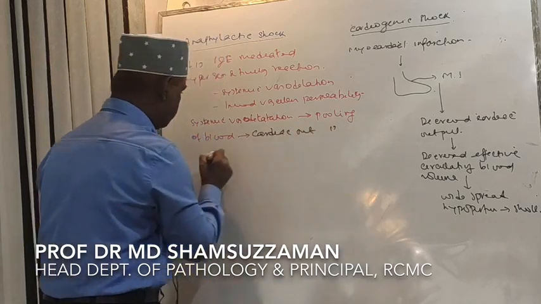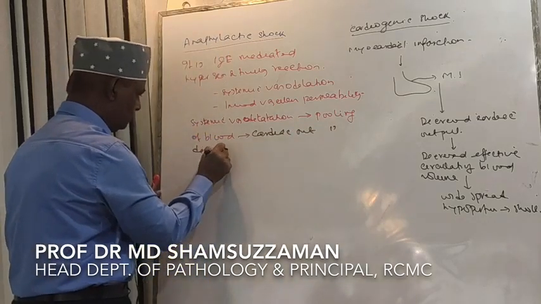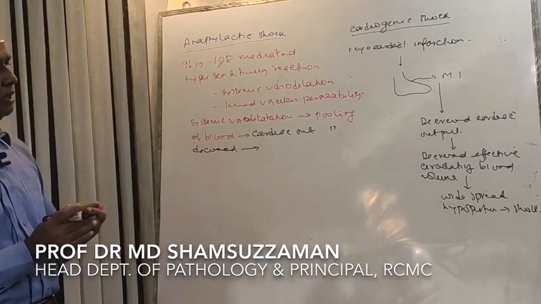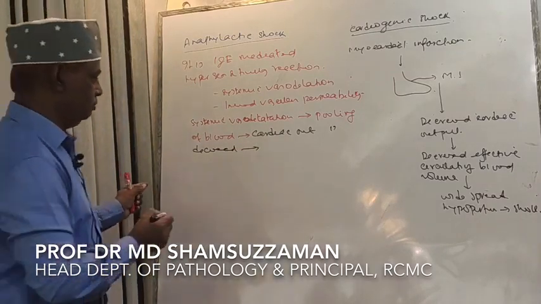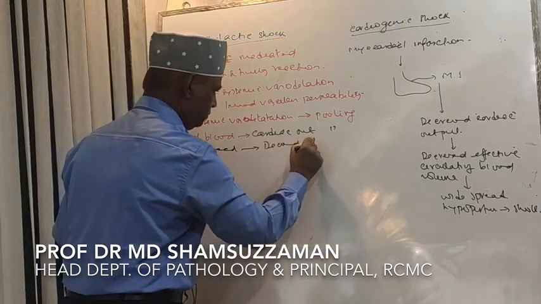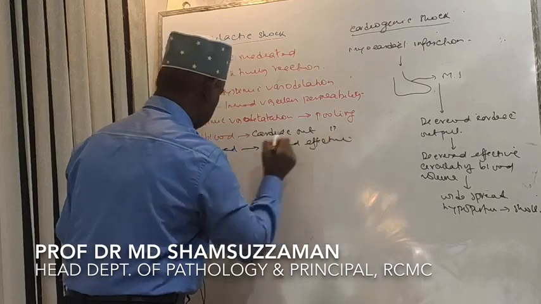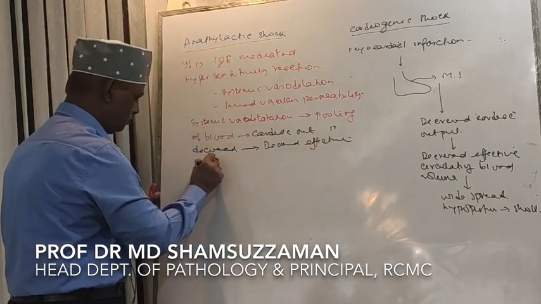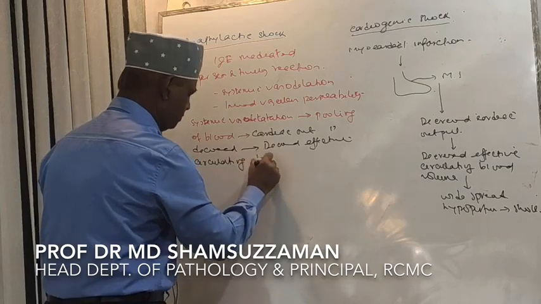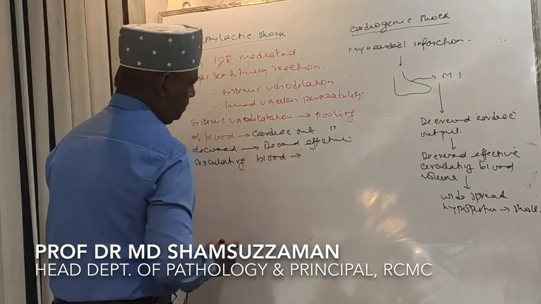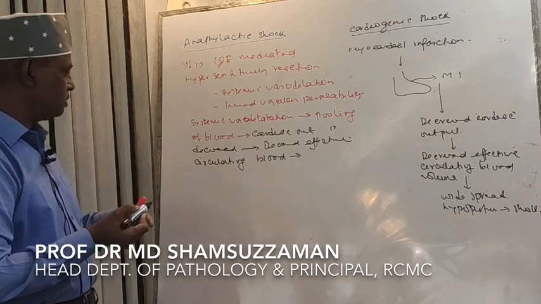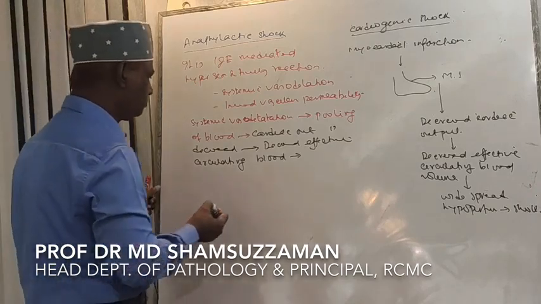As cardiac output is decreased, there will be decreased effective circulating blood volume.